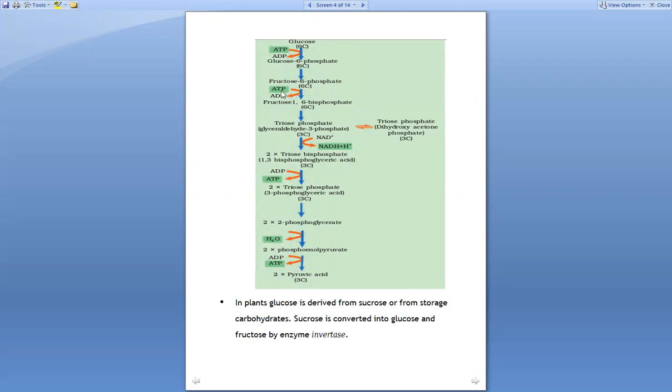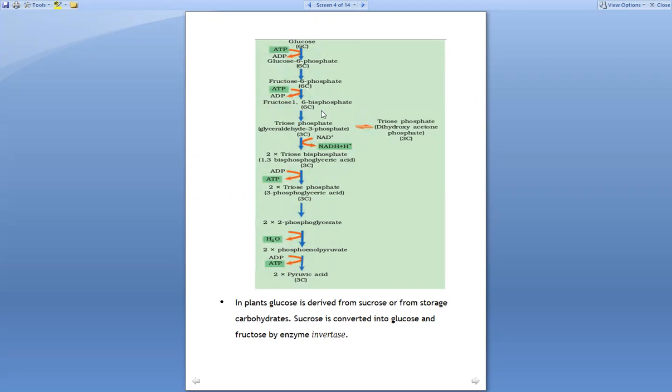But here again one phosphate is being used, and for this reason another phosphate is being added on the first position. So now on the first position as well as the 6th position, two phosphates are there, and for that reason it is written as bisphosphate, right?